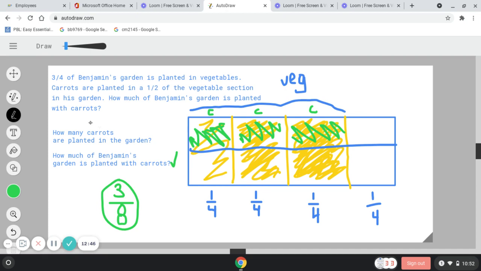So this is an amazing question, but we need a little bit more information in order to answer that. However, we did answer the main component of the problem, which is how much of Benjamin's garden is planted with carrots. What we did is we took 2 unit fractions and multiplied them. We didn't even use a multiplication sign. We were able to use a model to show how we got the amount that we needed.